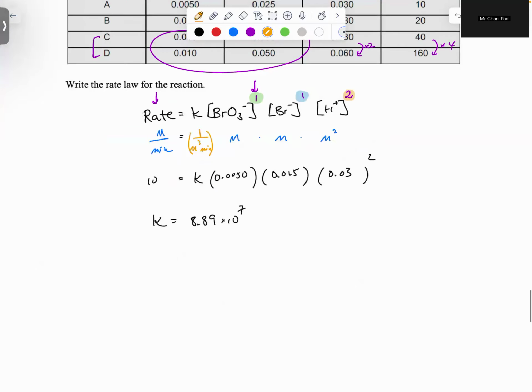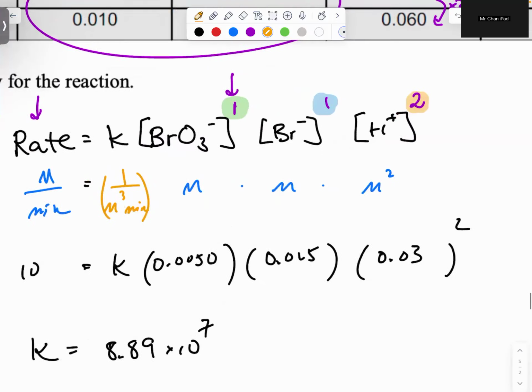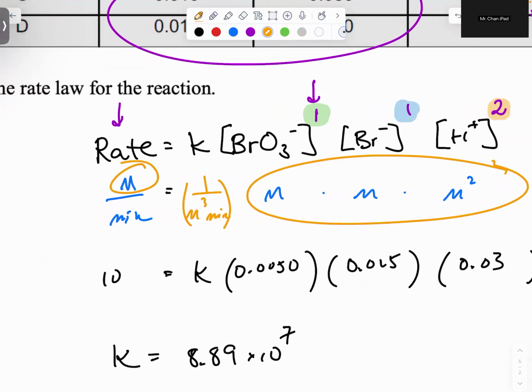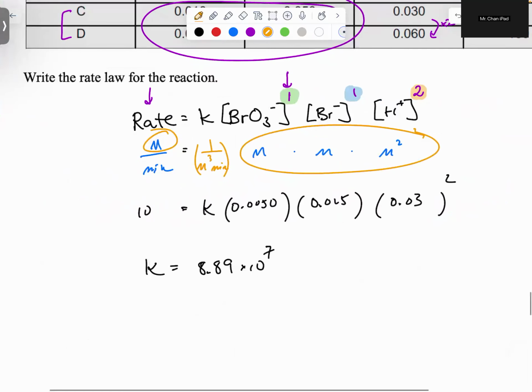Because overall right here, it's M to the 4th power. You just need one single M right here. So that's why you need to divide 3 of the M's away. That's it. It's new, it's a little bit complicated, but it's not too overwhelming.